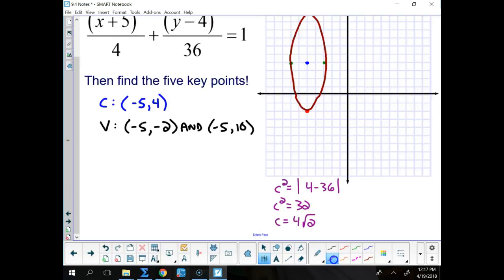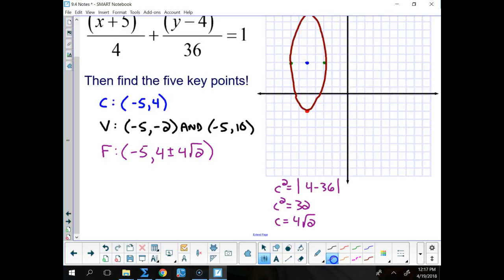The y part of my center, right? So my foci then would be at the -5 would stay locked in, right? Because that's the x part. Comma, 4 plus or minus 4 square root of 2. Right? Okay.